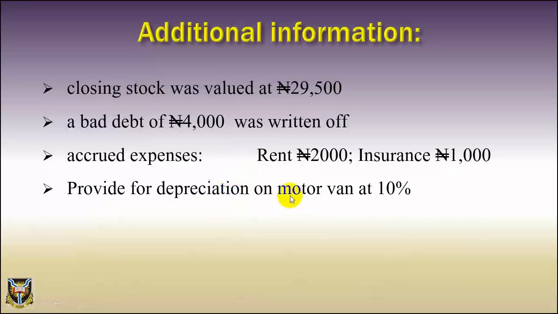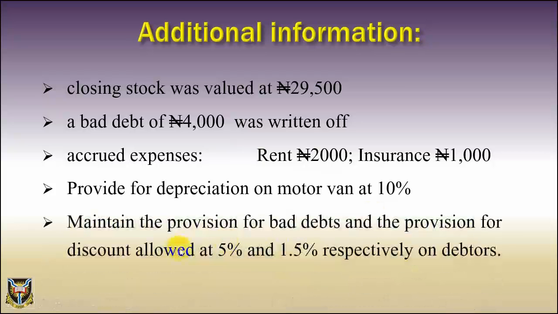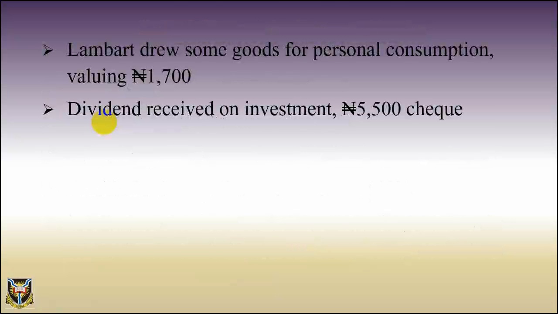Provide for depreciation on motor van at 10%. 5. Maintain the provision for bad debt and the provision for discount allowed at 5% and 1.5% respectively on debtors. 6. Lambert drew some goods for personal consumption valuing 1,700 naira.